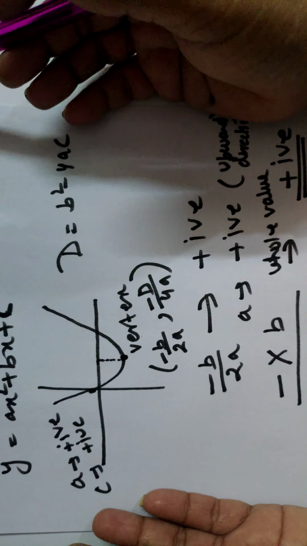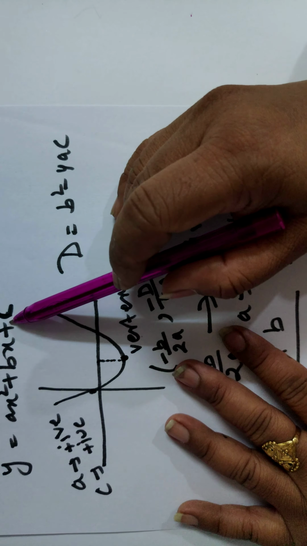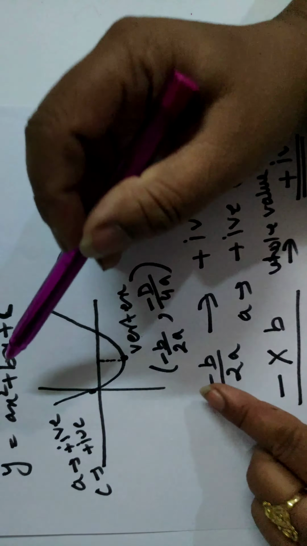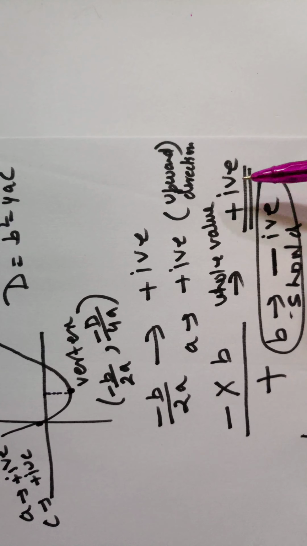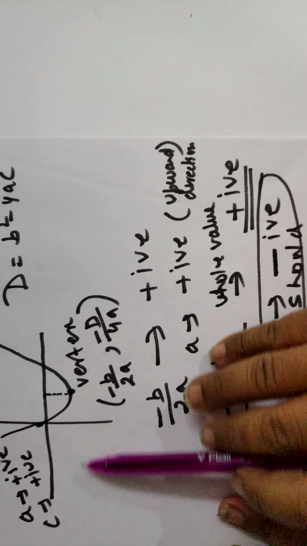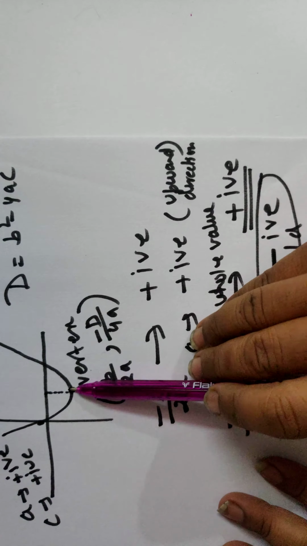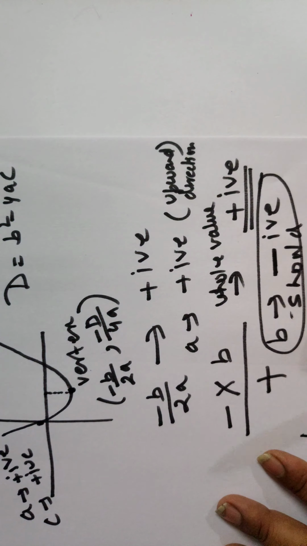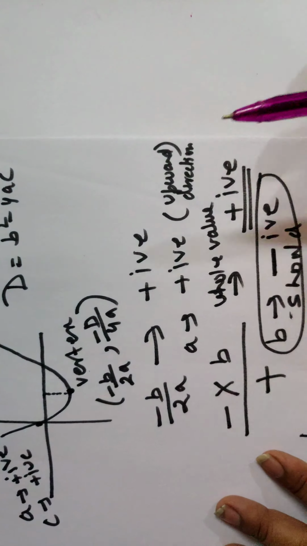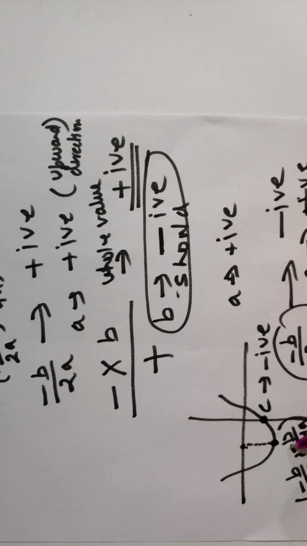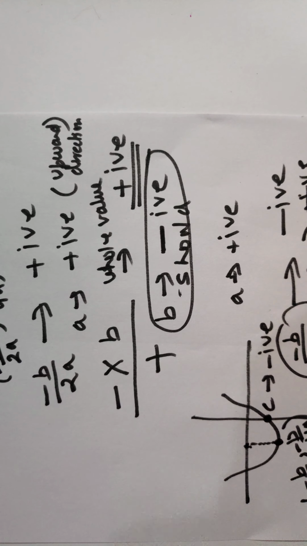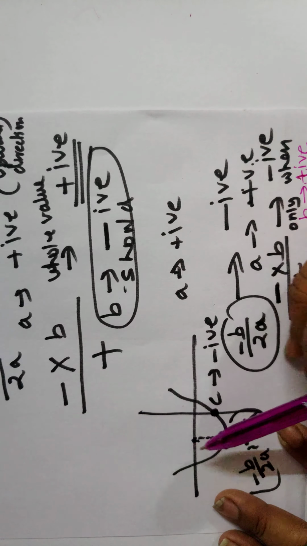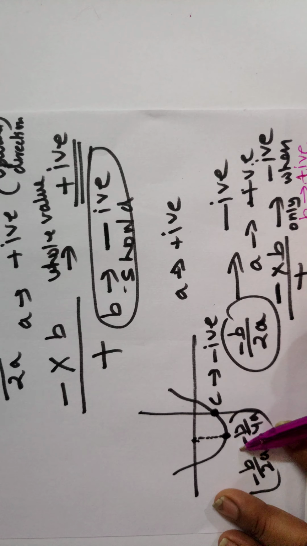If the polynomial has a positive constant, the graph will cut the y-axis on the positive side. If B is positive, then we will get the vertex either in the first quadrant or the fourth quadrant. And if B is negative, the vertex will come either in the second quadrant or the third quadrant.